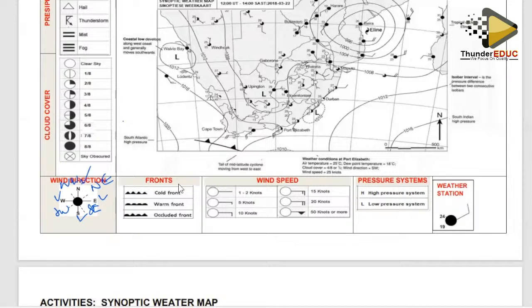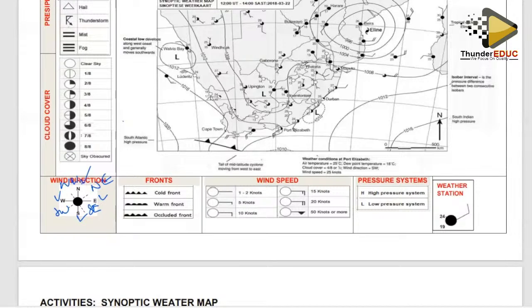We have a northeasterly wind, coming from the northeast, a southeasterly wind coming from the southeast, a southwesterly wind coming from the southwest, and a northwesterly wind coming from the northwest. We refer to those compass points to determine our wind direction on the synoptic map.